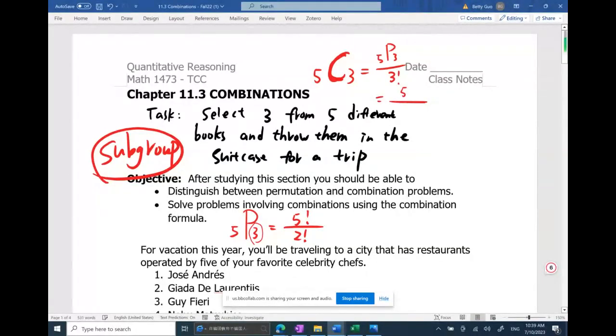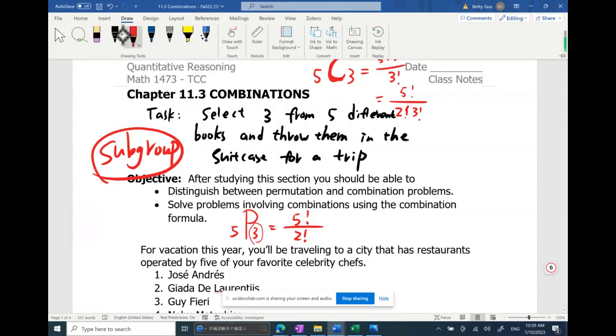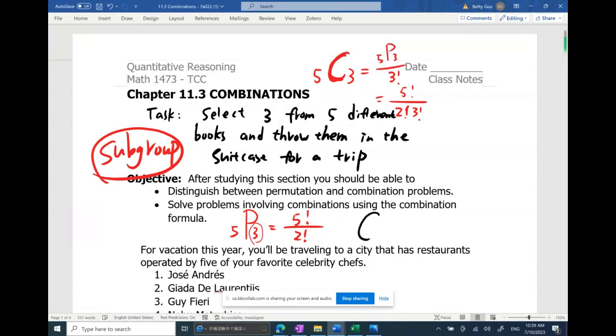So the formula is 5 factorial over 2 factorial times 3 factorial. To be honest, you don't really have to remember the formula. We have the formula, n factorial over (n minus r) factorial times r factorial, provided in the guided note if you really want to know.